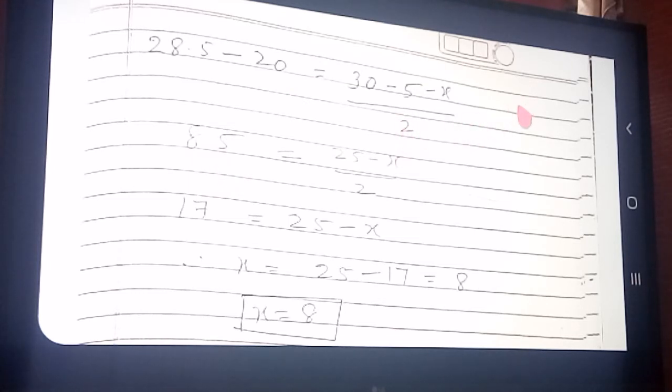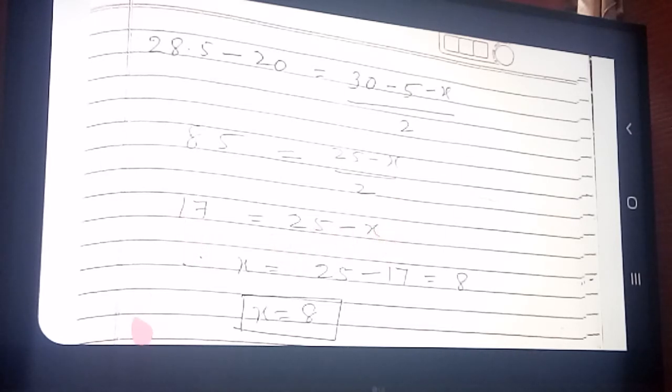I told you, here 10 was there, here 20 was there, 0 cancelled, that is why 2 came. And this 2 multiply here, 8.5 into 2 cross multiply, how much coming? 17, okay. Then 30 minus 5, how much will come? 25 minus x.